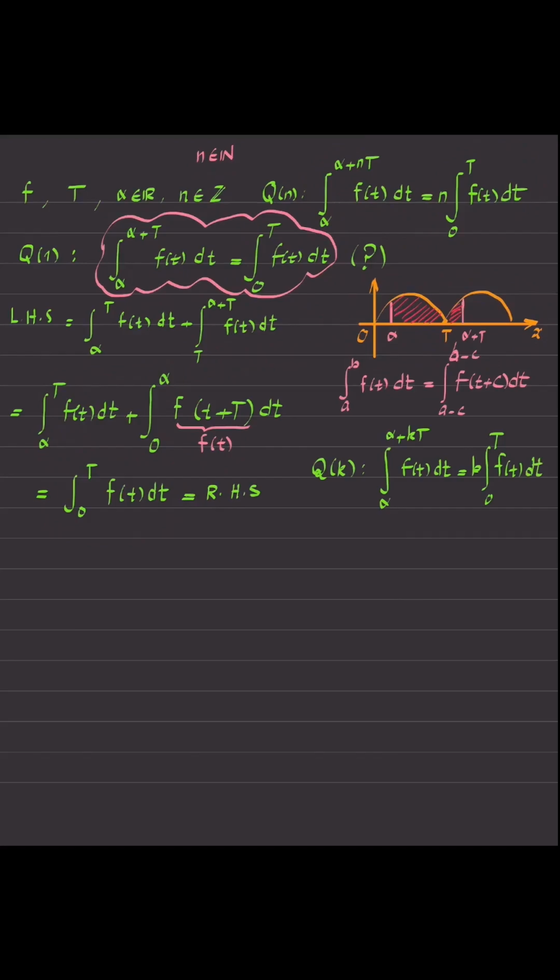So this Q of k is assumed to be true. Now I need to prove that Q of k plus 1 is also true. So let me write Q of k plus 1 here. It means that I have to replace every appearance of k with k plus 1.